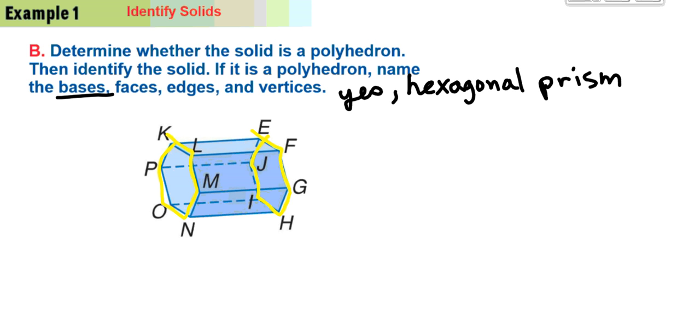Okay, hexagon KLMNOP and hexagon EFGHIJ. And those are also faces. So that's the first 2 faces. And then you're going to tell me all the rest of the faces. You can say the word rectangles 1 time and then go.